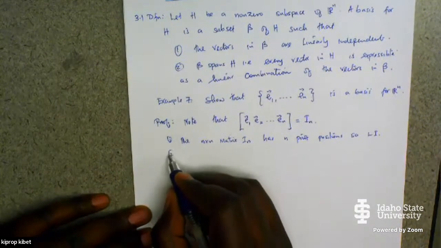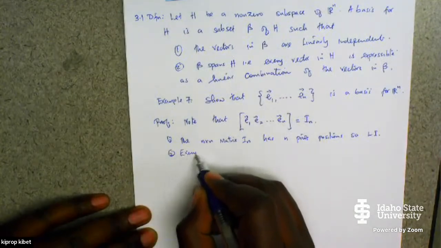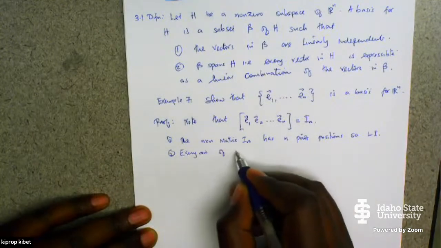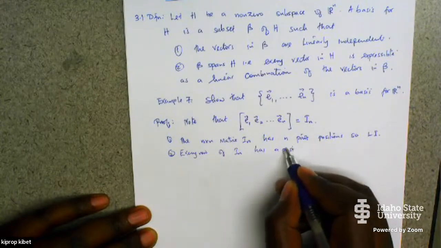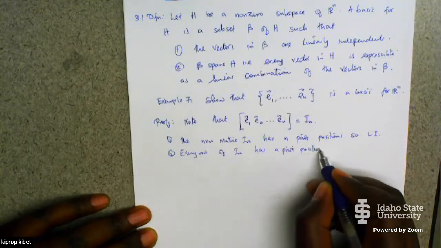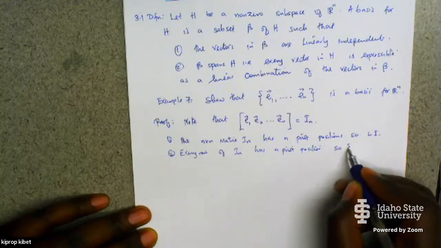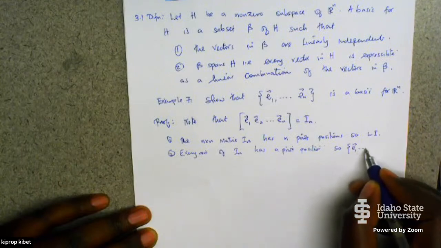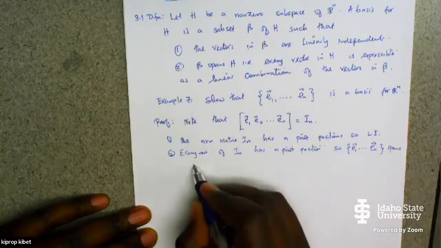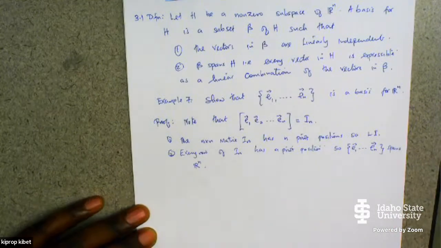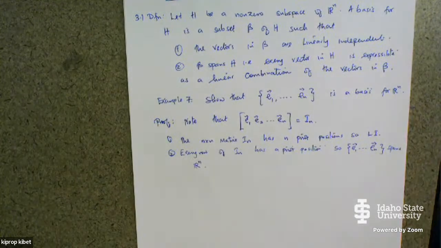Number two, every row of In has a pivot position. So e1 all the way to en spans Rn.